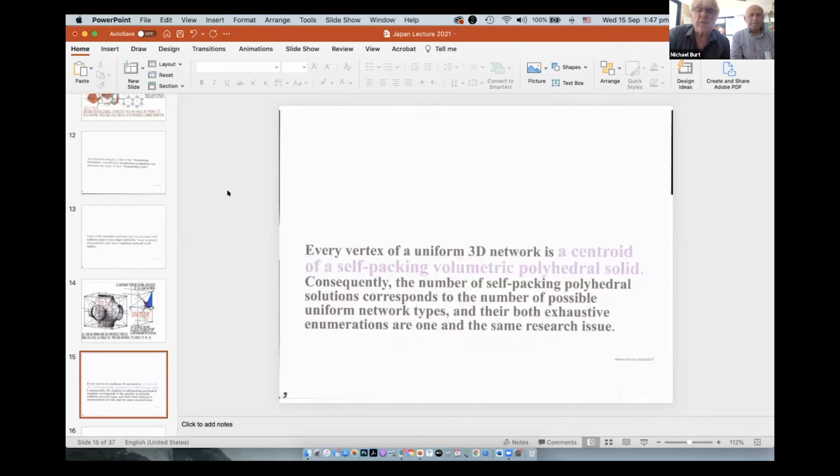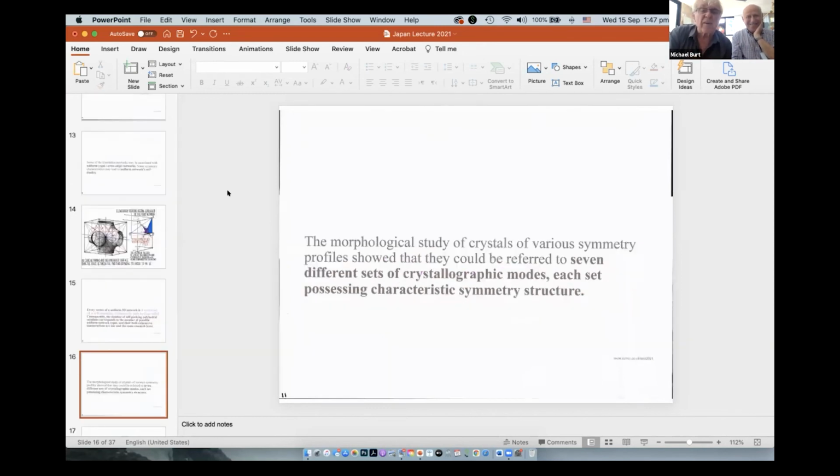Every vertex of a uniform 3D network is a centroid of a self-packing volumetric polyhedral solid. That was already told before. The morphological study of crystals of various symmetry profiles showed that they could be referred to 7 different sets of crystallographic modes, each set possessing characteristic symmetry structure.